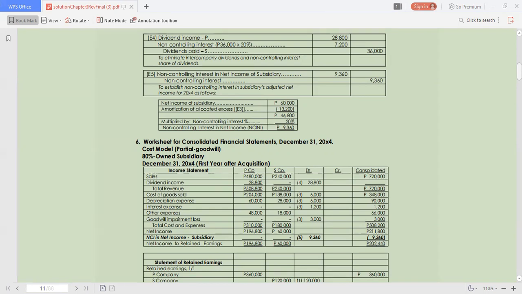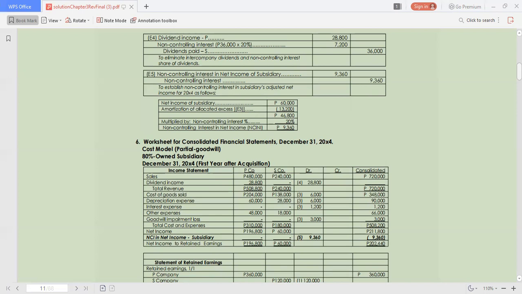Then we have depreciation, likewise reflecting the adjustments to the depreciation and cost of goods sold accounts in the previous entries. So take note, we have entries in number 3 and in number 5 for the non-controlling interest.